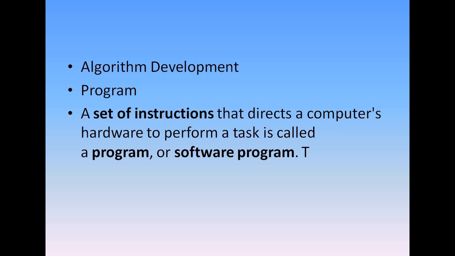But before moving to algorithm, let us have a brief overview of various stages in program development. What is a program? A program is defined as a sequence of set of instructions.